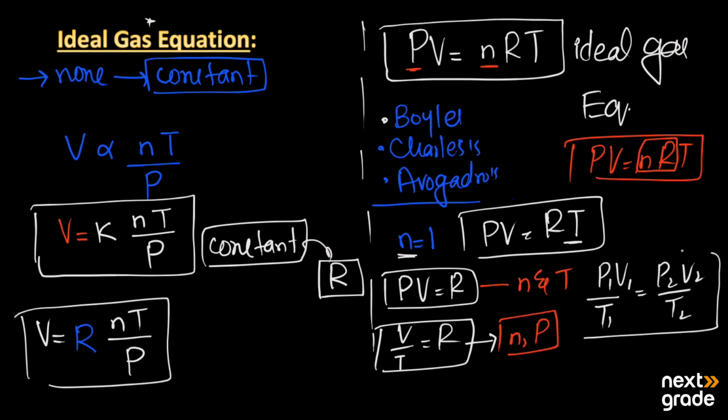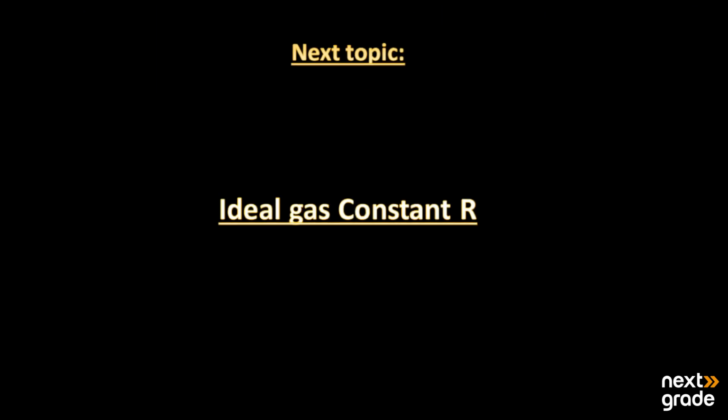This is the general gas equation applying to different constant quantities or molar gas equations. I hope you understand the derivation of the ideal gas equation, as it was very simple. You just have to combine the different laws related to gases, and at the end you gain this equation. And in the next topic, we will discuss the ideal gas constant.